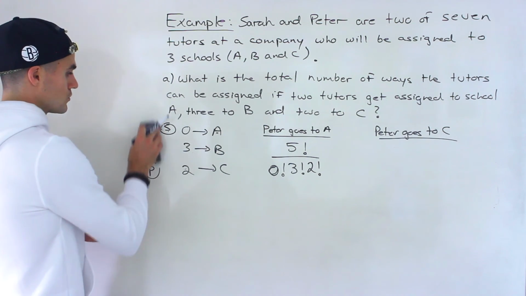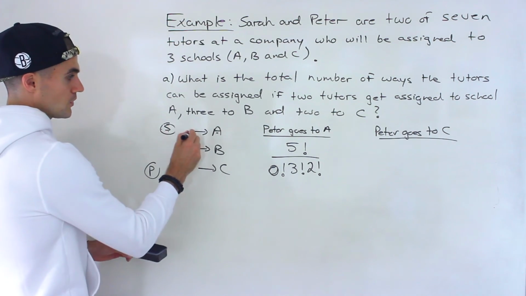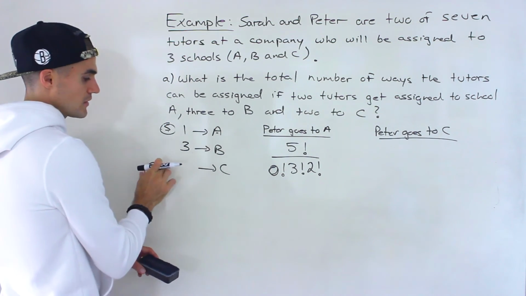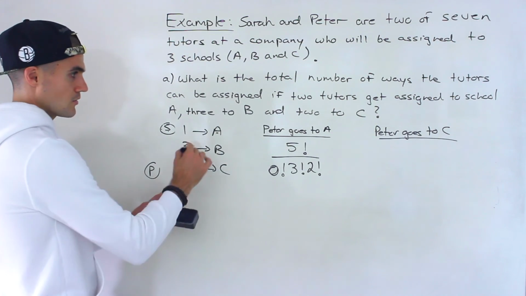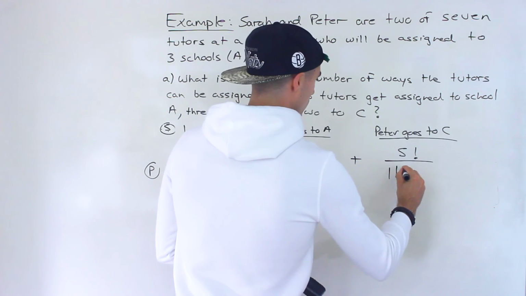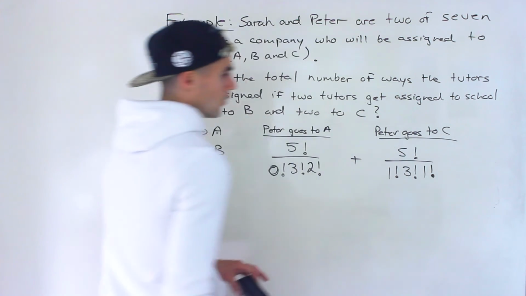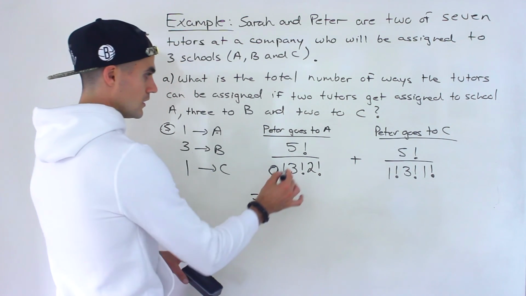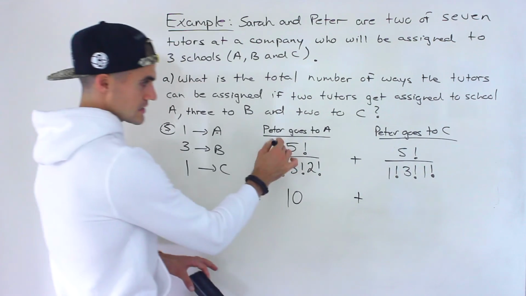What about if Peter goes to school C? Well, 2 have to go to A. Sarah's already going to A, so 1 more has to go to A. 3 have to go to B, and then 2 have to go to C, but if Peter's already going to C, then only 1 more has to go to C. And so the remaining 5 tutors, 1 would have to go to A, 3 would have to go to B, and then 1 would have to go to C. And so what would happen here is we would end up with this here would be 10 different ways that this could happen.